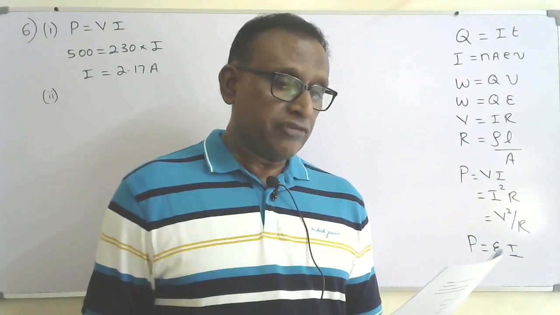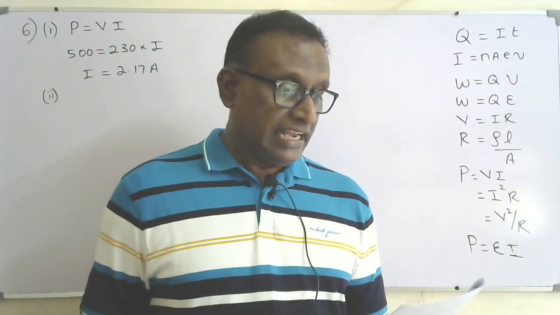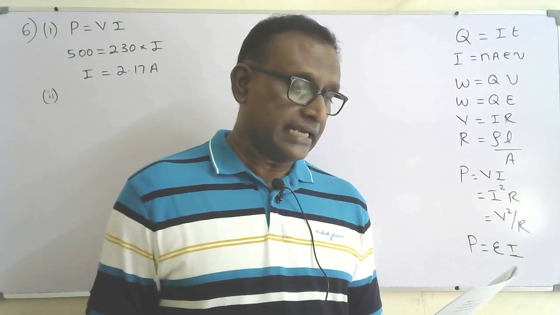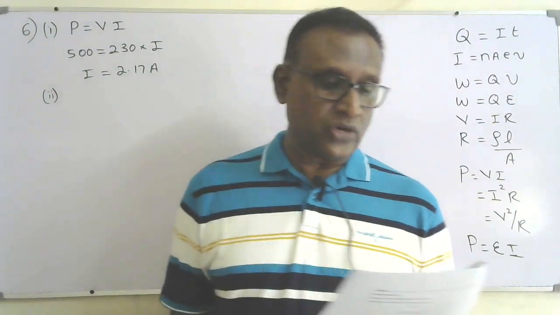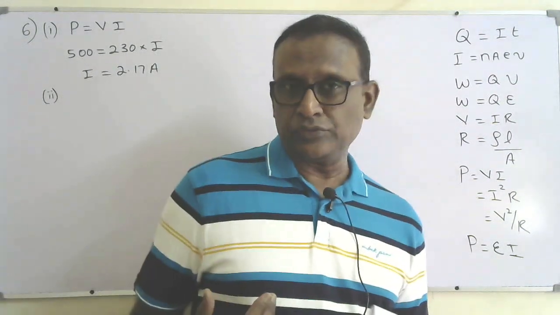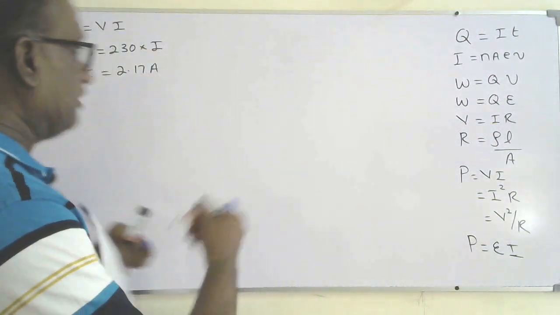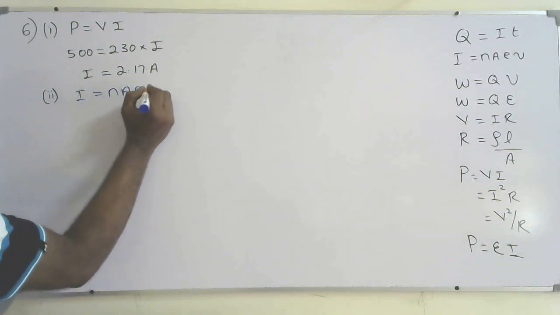When the same current flows through both wires, in which of these two wires do the electrons have the greater drift velocity? Explain your answer briefly. So for drift velocity we have only one equation, that is I equal nAev. So in the second part you can use the equation I equal nAev.